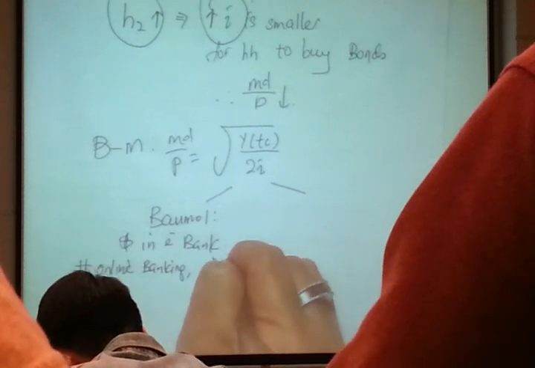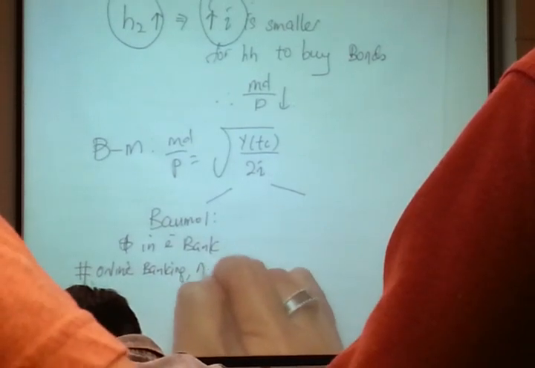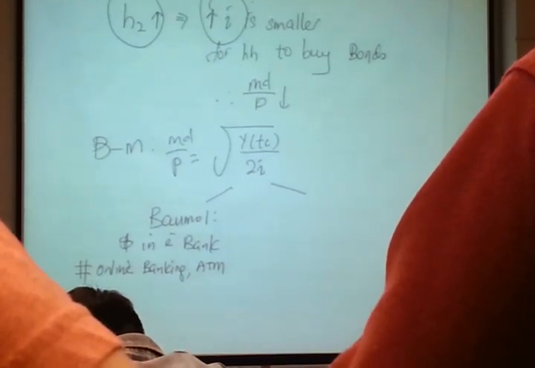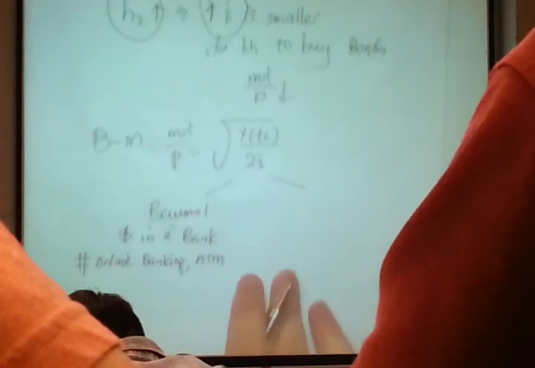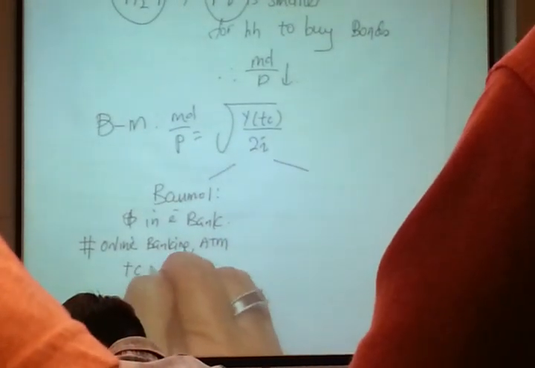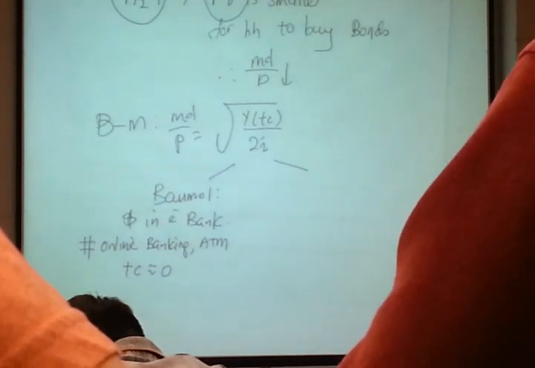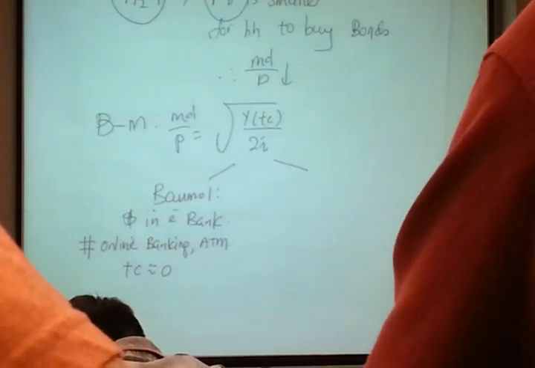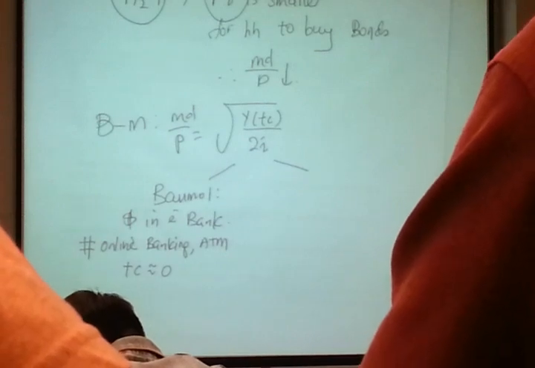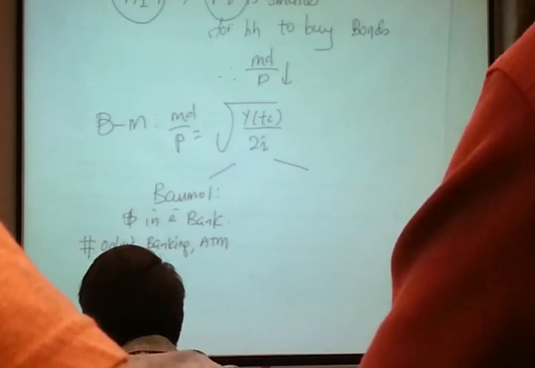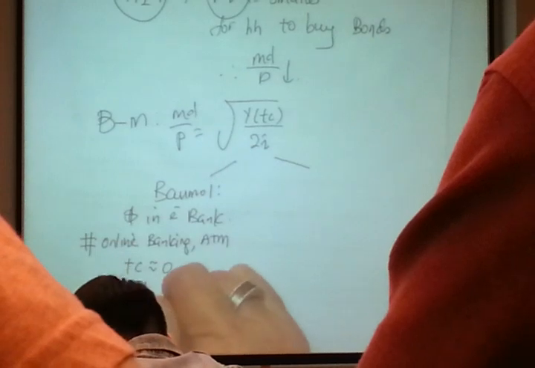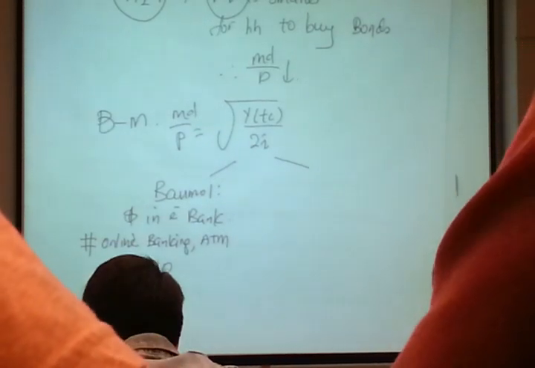They always like to talk about ATM. So in this case, if you have online banking, ATM, transaction cost is near zero. You don't need to travel to the bank. Anytime you can do transaction, and therefore money demand is near zero.